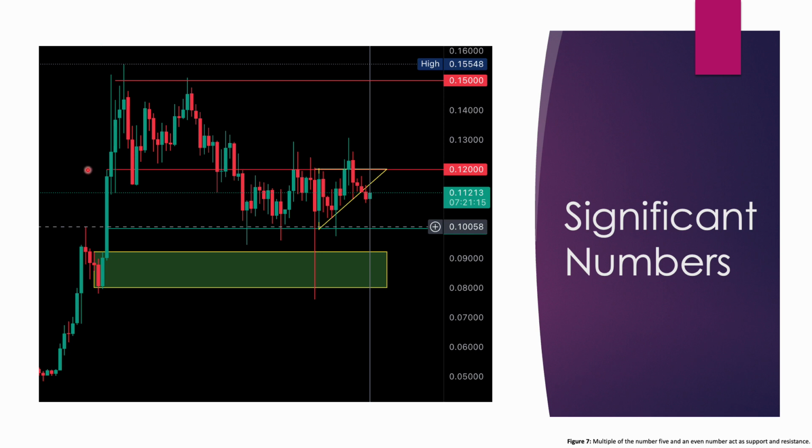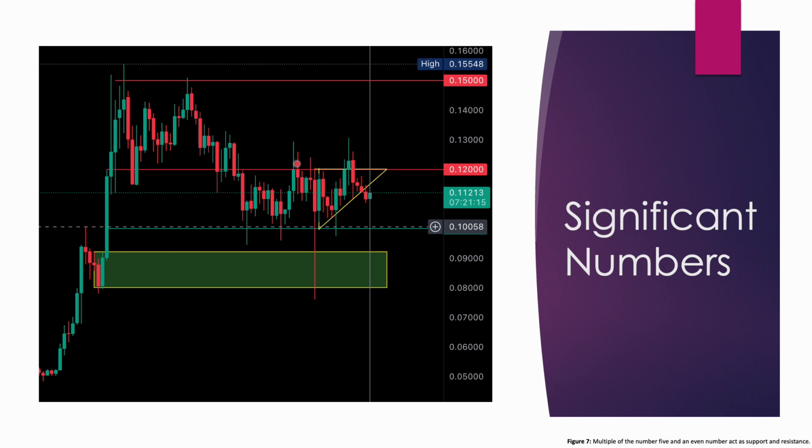This is the Kaspa chart, and you can see, amazingly, where did price stop? Where was resistance? At the 15-cent level. Now, where did Kaspa find support? At the 10-cent level, multiples of 5 and 10. And where is the current local resistance?